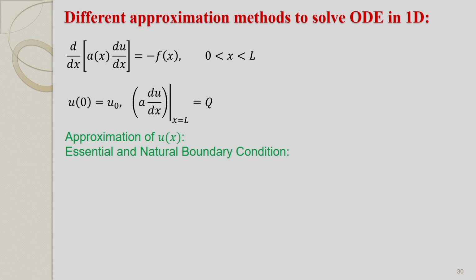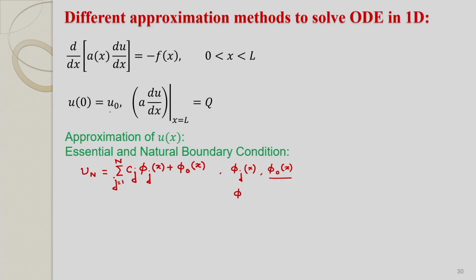Here we have the dependent variable u of x, which we can approximate in the following way, summation j equal to 1 to capital N. Now, this phi j x and phi naught x should be chosen such that they satisfy the essential boundary condition.